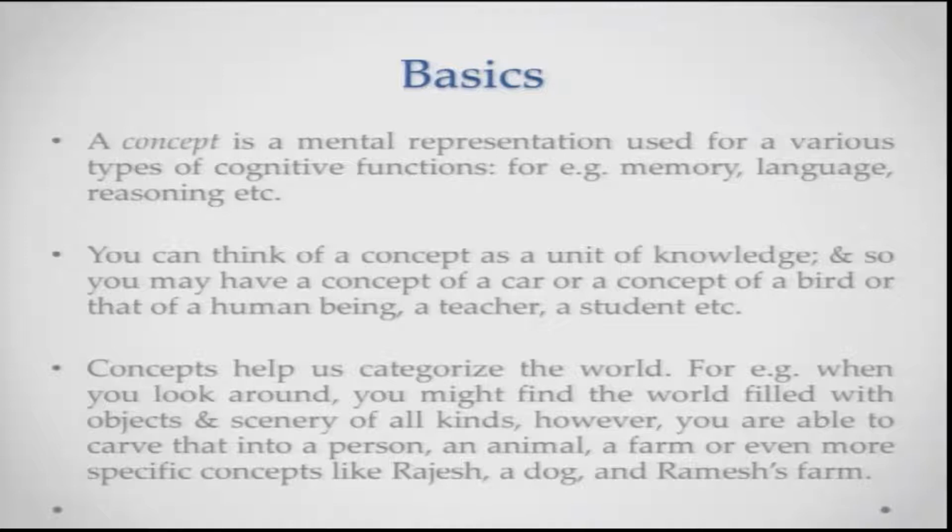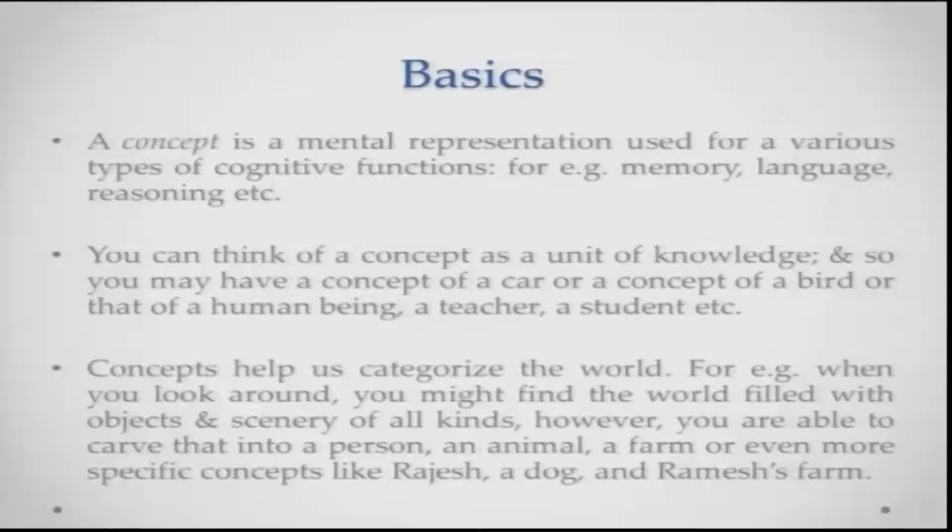Concepts help us structure our world. They help us look at the world in a way that we can understand and know more about it. Say, if you look around yourself, you might be in a particular room with particular objects, and there might be different people in the room that you know different things about. One of them could be a friend or a family member.